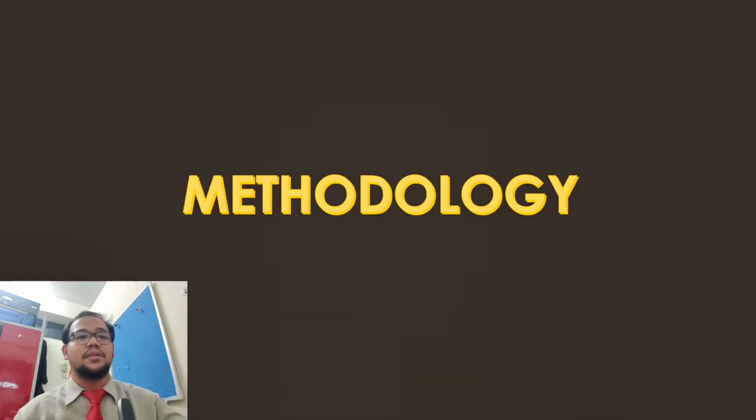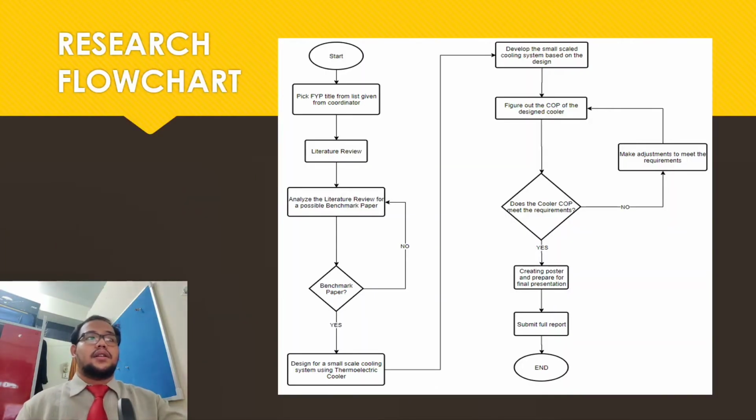Now we move on to the methodology. This is the research flowchart. In FYP1, we start by picking our title from the coordinators and writing a literature review of about 15 papers. Then we are going to find the benchmark papers, and after that we are going to design the Peltier cooling system itself.